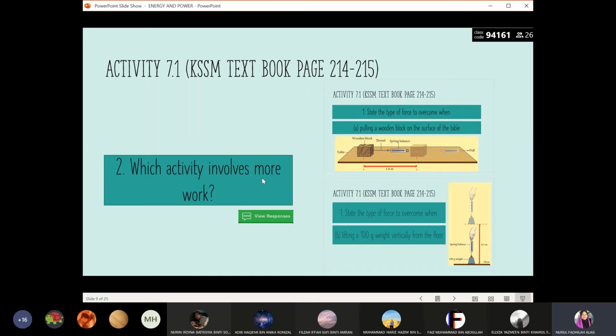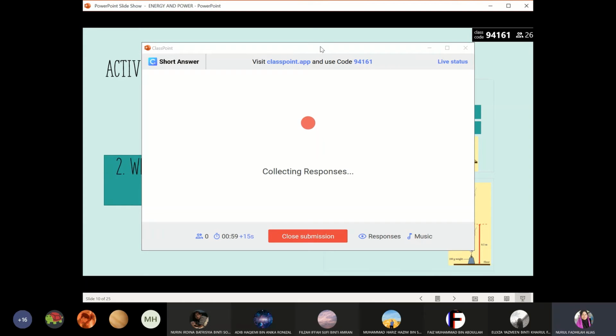Okay, which activity involves more work? Activity 1.